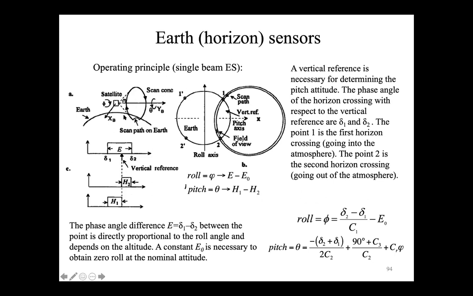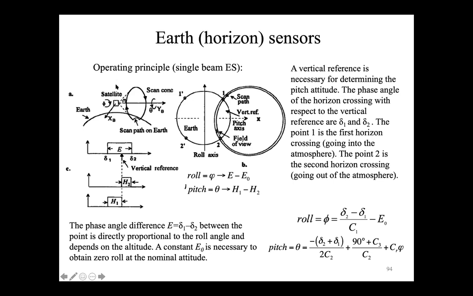So you have that the x direction of the body corresponds to the roll axis of the spacecraft. The y axis of the body frame corresponds to the pitch axis of the spacecraft. And you have the yaw axis, that is basically the axis that is close to the z-axis of the body.